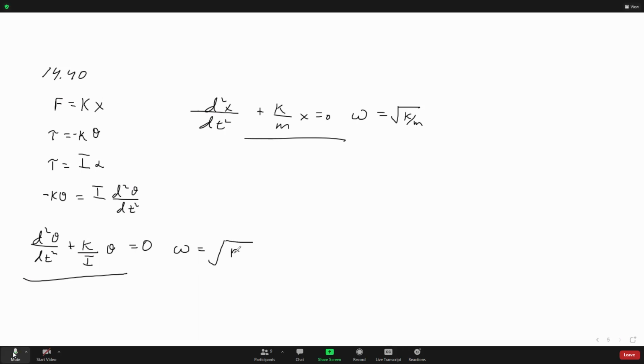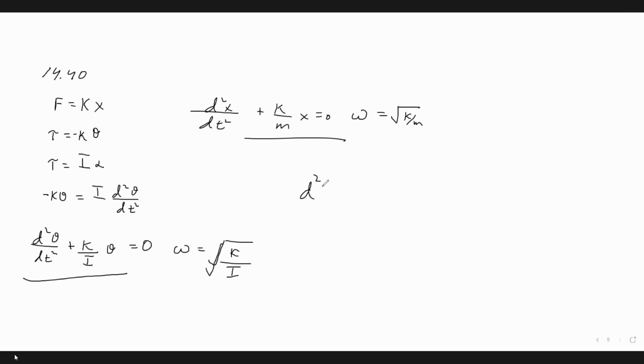That's exactly right. It's a kappa, but k is fine. The square root is for both. Yes, that's exactly correct. Simple harmonic motion is always d squared x or theta or whatever it is, dt squared plus omega squared x equals 0. And this is the form of the equation.